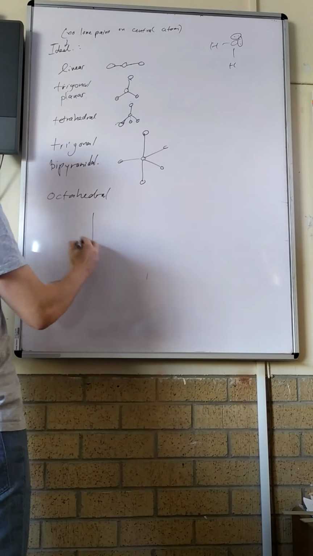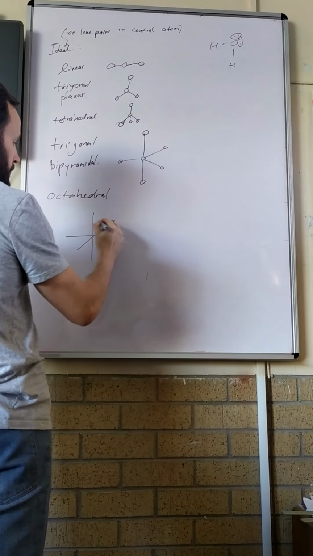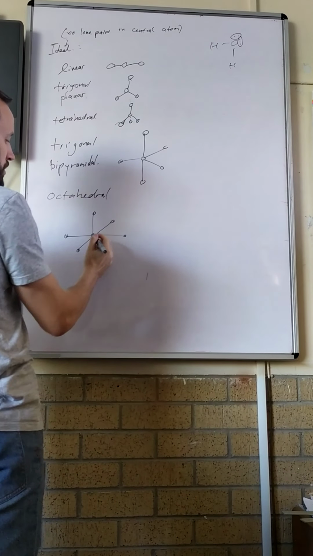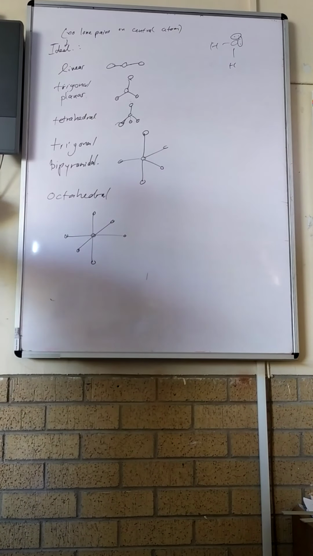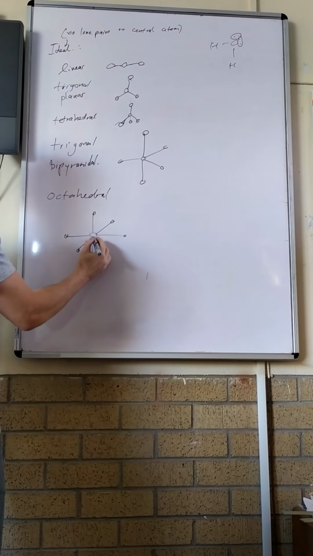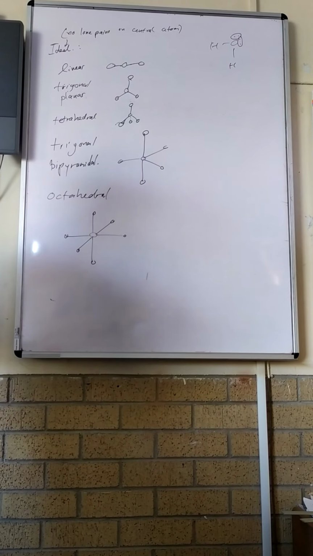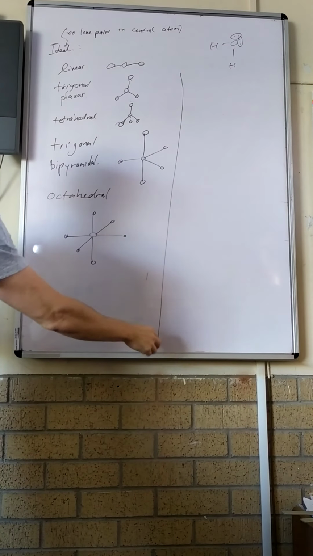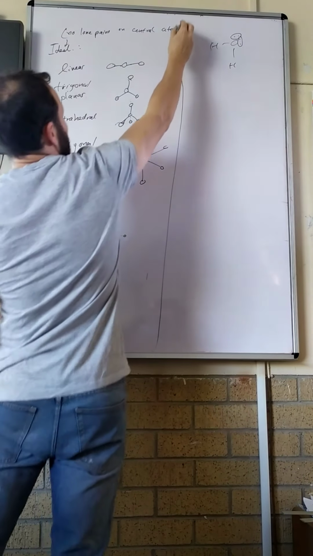Now draw it over here. 1, 2, 3, 4, 5, 6, 7. Okay, easy enough. There you go, these are all the ideal shapes.